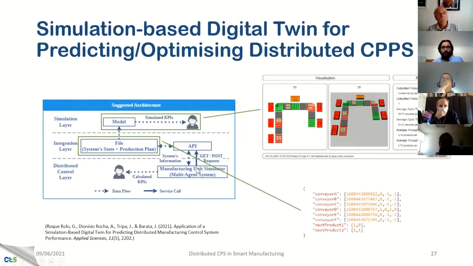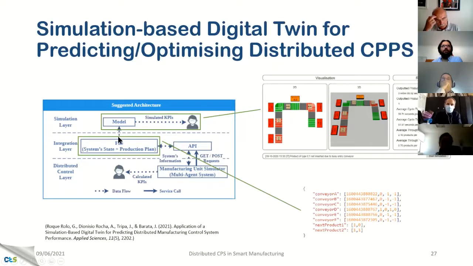The idea is we extract the data of this multi-agent system, not only the current physical representation of the system, but also which characteristics of the system we have from the cyber entities itself, and we store this information in a file that describes the current status of the system.